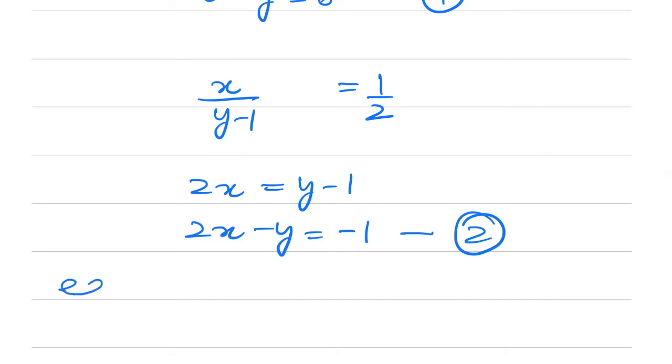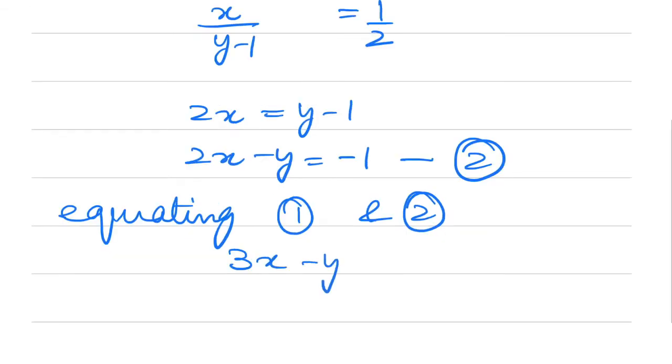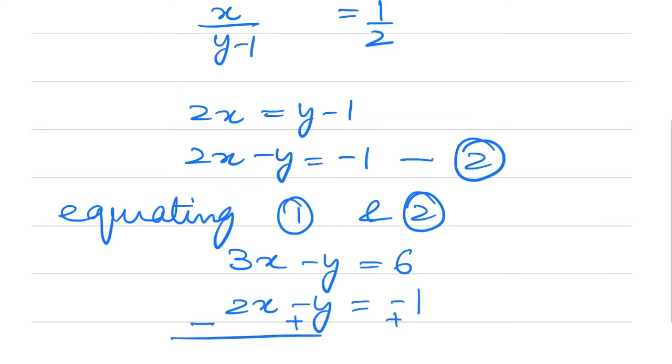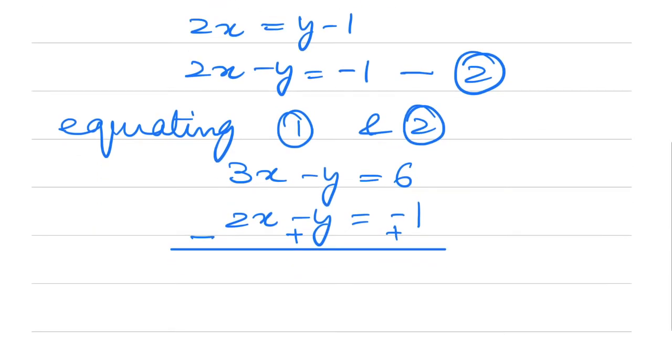Now equating 1 and 2: 3x minus y is equal to 6 and 2x minus y is equal to minus 1. Subtracting, minus becomes plus, and y gets cancelled. x is equal to 7.